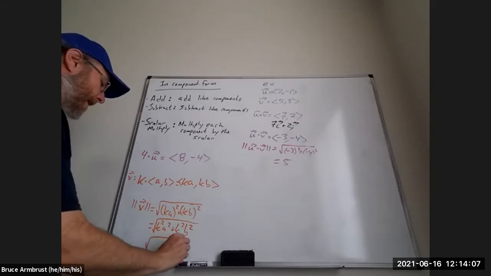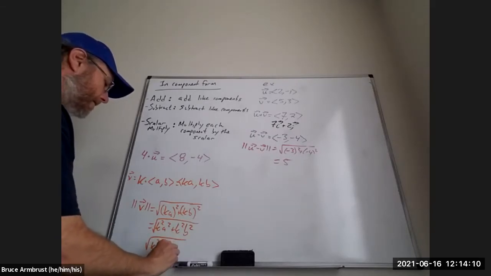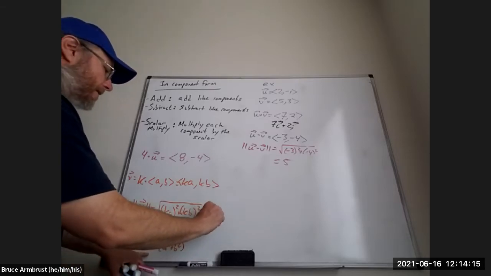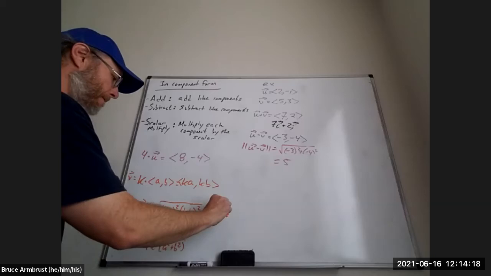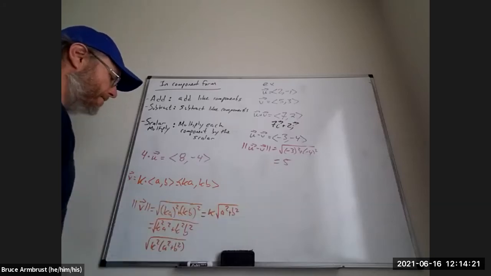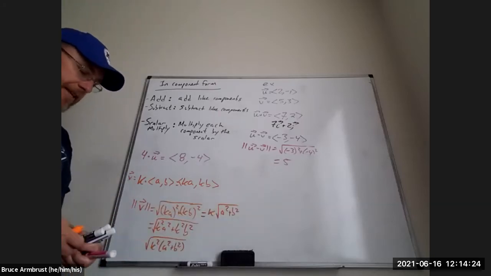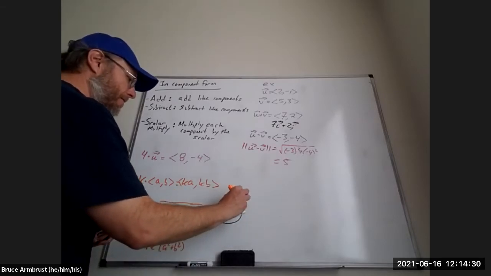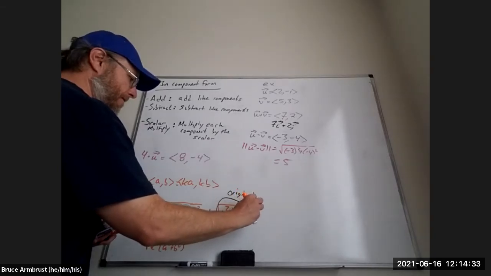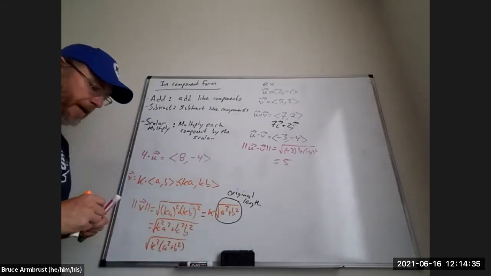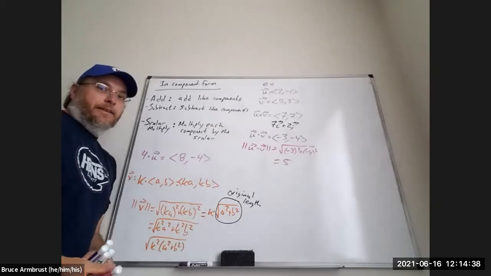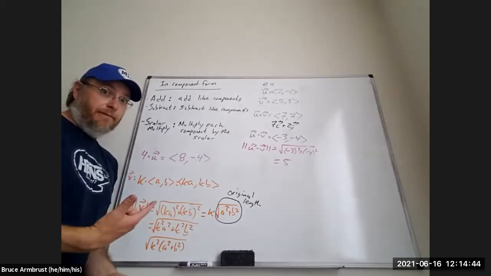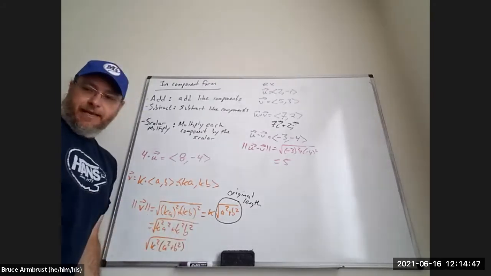I can factor out the k squared. And now the square root of k squared is just k. And so notice that what we have here is the length of the original vector and now it's multiplied by k. So scalar multiply does exactly what it should, which is change the length by a factor of k.